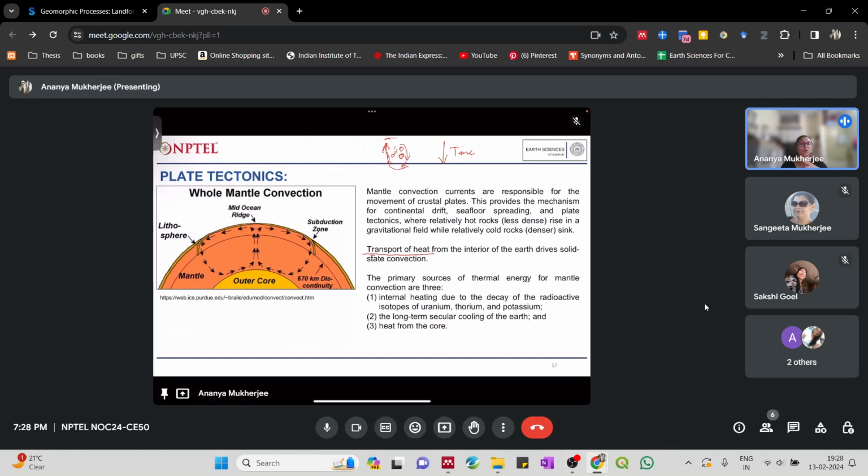Then you have long term secular cooling of the earth, okay. So earth in itself is actually cooling, as we said that 4.54 billion years ago it was in a molten state, and it started cooling.